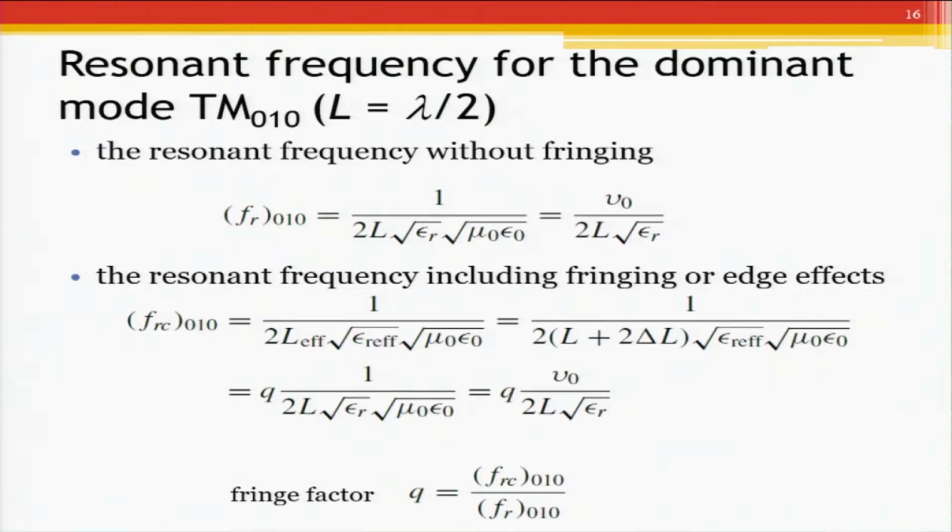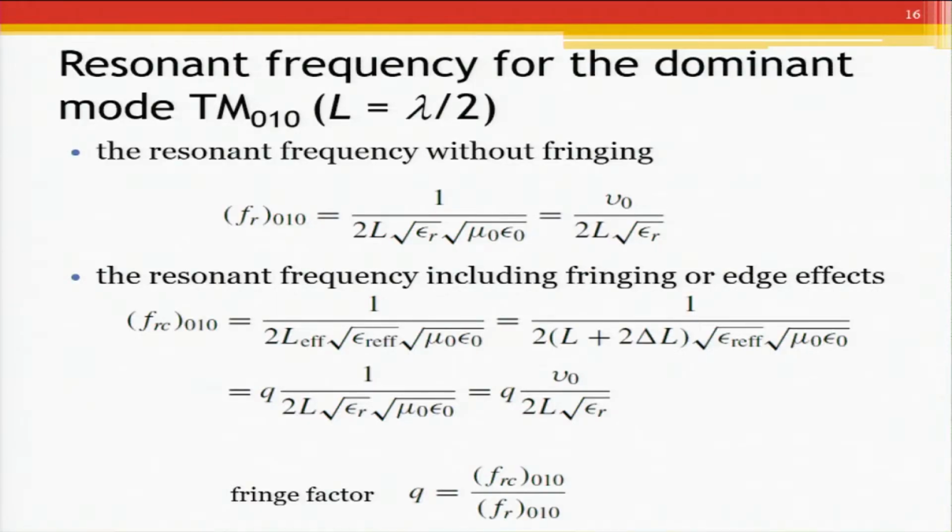And therefore, things will change. The ratio between the resonant frequency with and without fringing effects is called the fringe factor, which is defined as the resonant frequency including fringing divided by the resonant frequency without fringing.